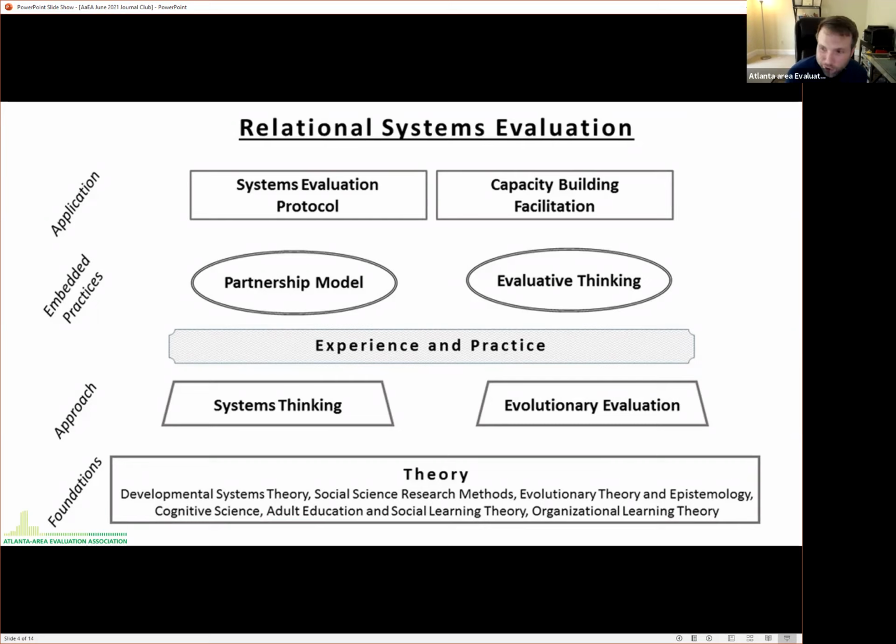That's the Buckley and the Urban article. Anyway, I don't want to go through all the articles in this volume, but just to really harp on the idea that this article was just to introduce you to the concept of relational systems evaluation, and then the other articles dive into really these components.